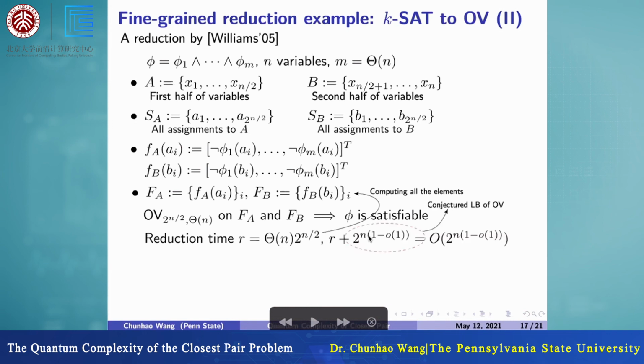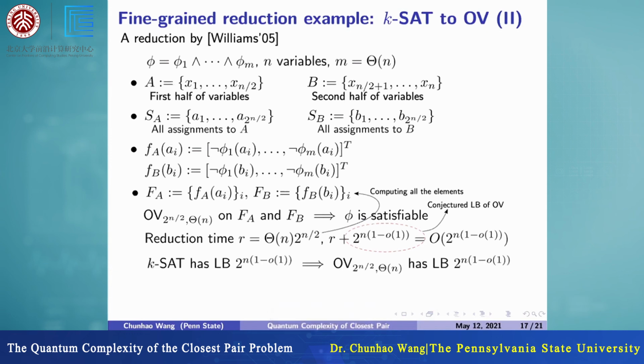So if we conjecture the lower bound for orthogonal vectors is 2 to the n times 1 minus little o(1), then because the reduction time is smaller than this conjectured lower bound, the reduction time plus this term is still this term.